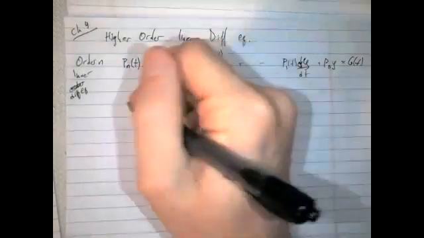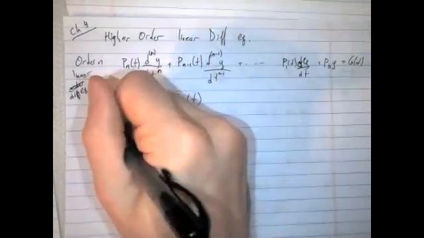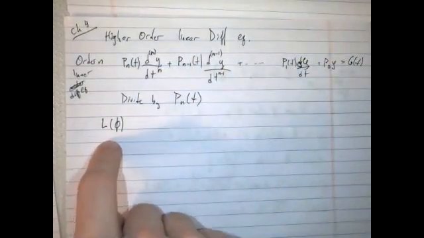And of course, we can divide by Pn of t. And so we get something that looks like L of phi. We can once again use the linear operator terminology.